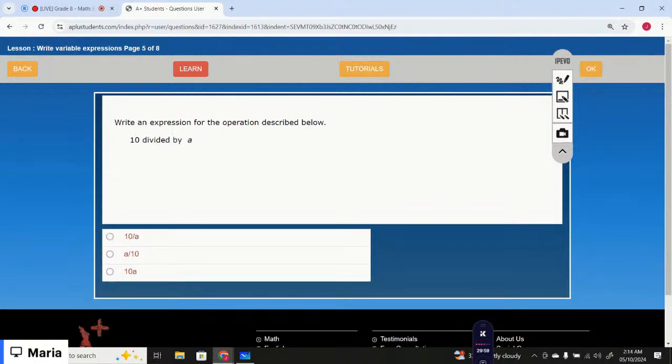Write an expression for the operation described below. 10 divided by a. So which is the correct option? Option A is the correct option. That is 10 divided by a.